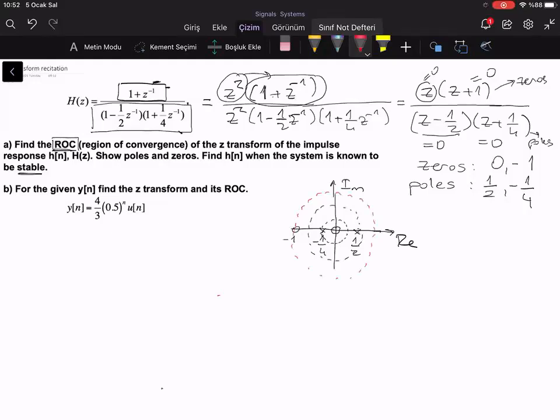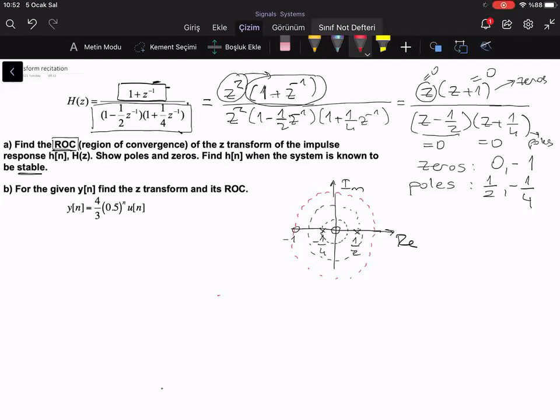This red circle should be included in my shaded area, right? How do I do the shading so that I will have finally the unit circle included in the ROC plot?